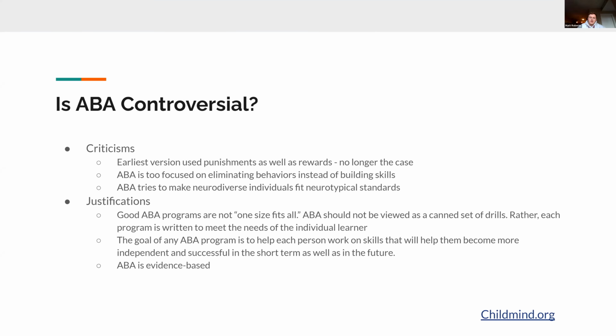So it is true that punishment was used in the early days of ABA, but this is no longer the case. And as I've said before, punishment is essentially the opposite of reinforcement. So you're actively doing something that's going to decrease the behavior. And this still occurs a lot today, especially in settings that I work in.